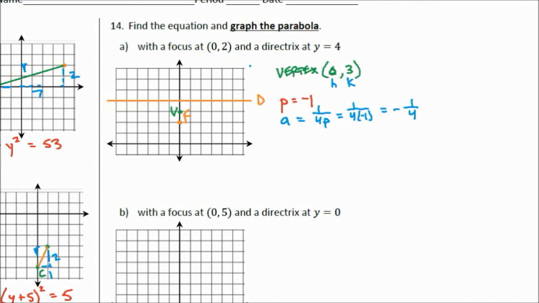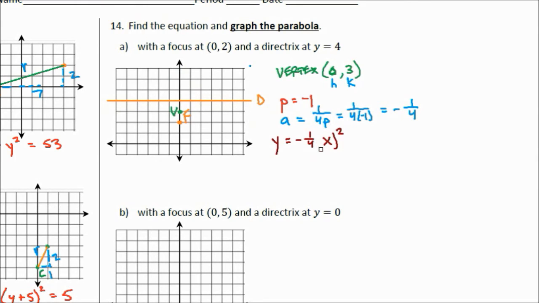So now, our final equation, we've got a, we've got h, we've got k. Let's write it down. Y equals a, which is negative 1/4, times, well, h is 0, so we actually don't have to write it. We can just write negative 1/4 x squared. You could drop the parentheses as well, I suppose.